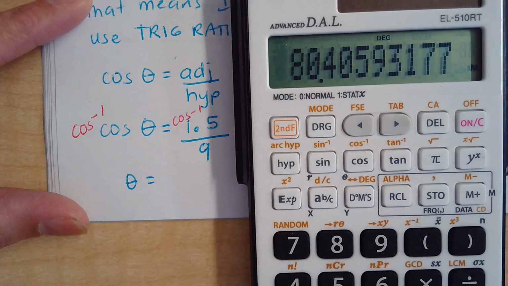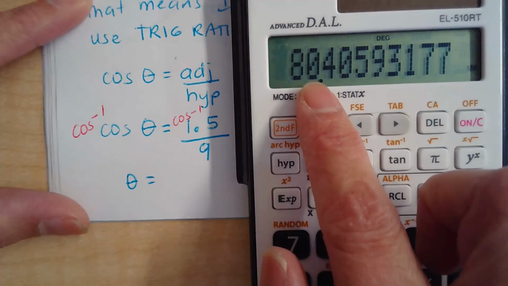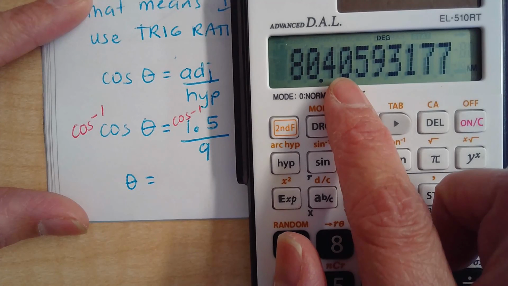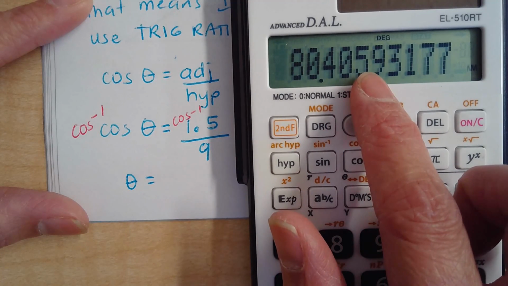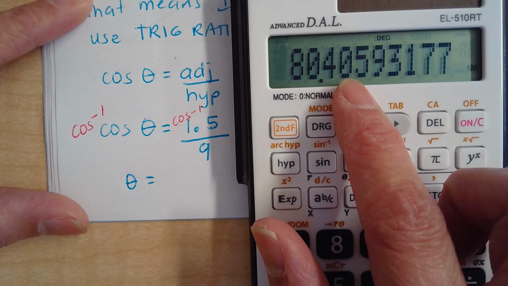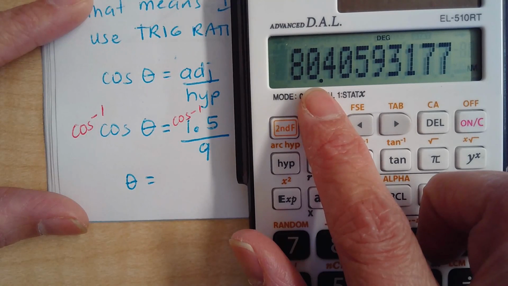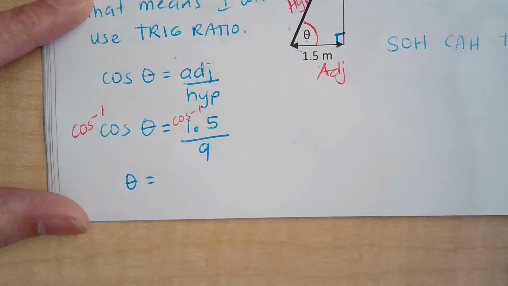It's going to be 80.40, but then I look at the third number, the thousandth, it's 5, so it's going to round to 1. So 80.41.